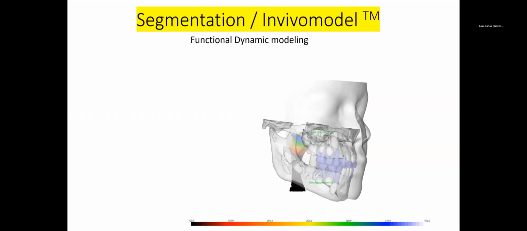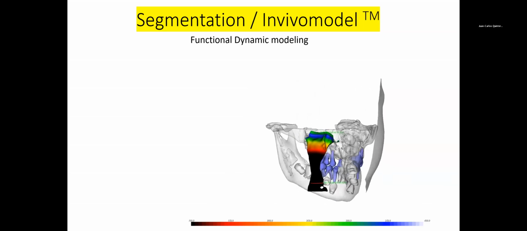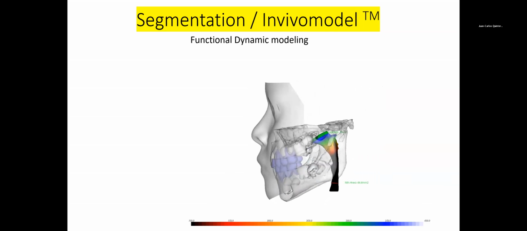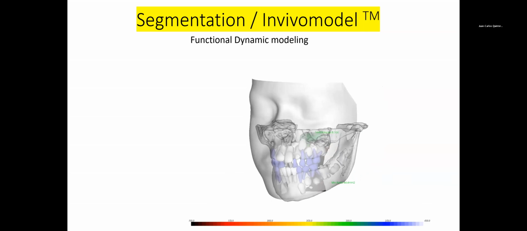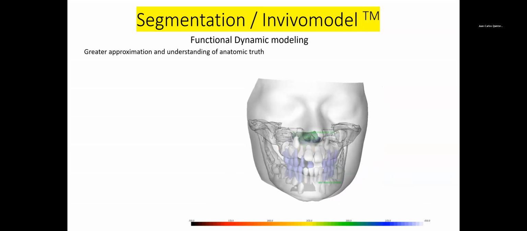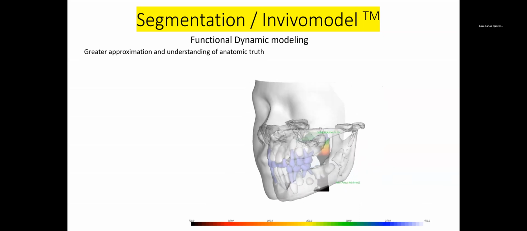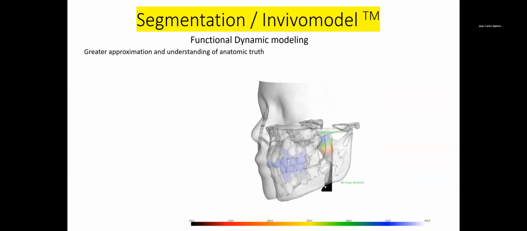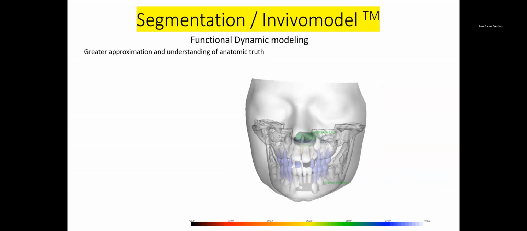Okay, so segmentation. This is just a pretty artistic rendering of an Anatomodel. You can do all kinds of cool images here. But what are some of the advantages of functional dynamic modeling? A greater approximation and understanding of that anatomic truth.